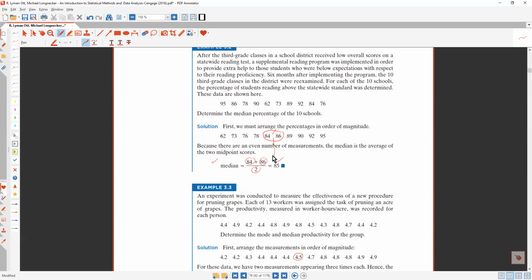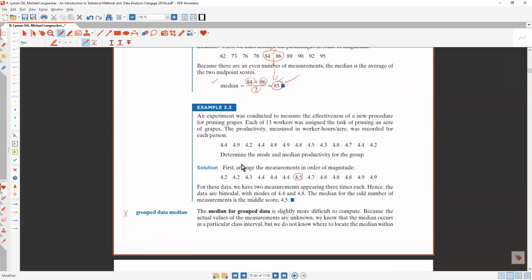It's the 85 number that's splitting that data into two equal parts. And that's kind of meaningful, because we notice here that the median does not even have to be a number in your data set for it to be called the median. Which is kind of interesting, because if I told you that the median is 85, you might at first glance think that 85 has to occur in the data set, but that's not true. The median could not exist in the data, yet it still be called the median.